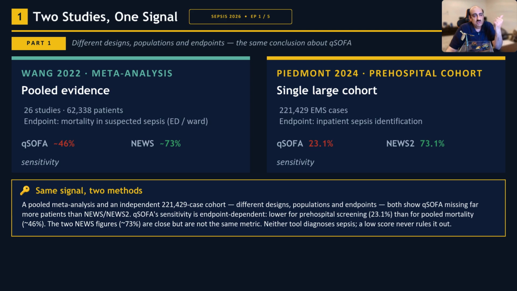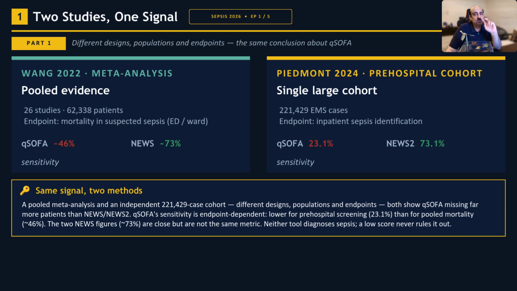And what it showed was that qSOFA had a sensitivity of 23.1% versus NEWS2 of 73.1%. Okay. Now, if you look at them side by side, these two have different methods, different populations, and different endpoints, and the same signal, which means qSOFA is consistently missing far more patients.